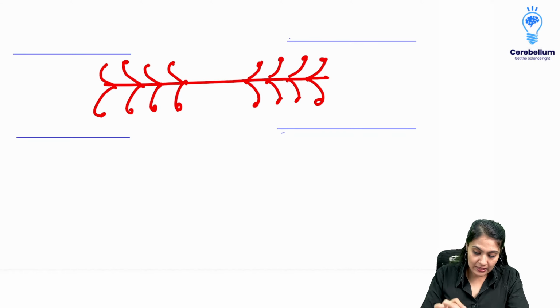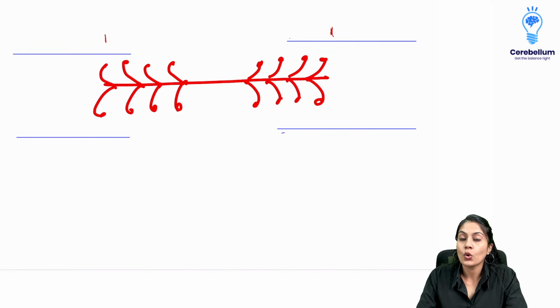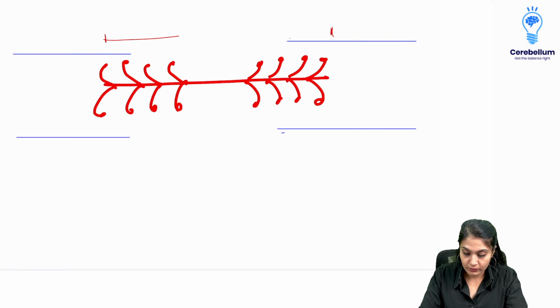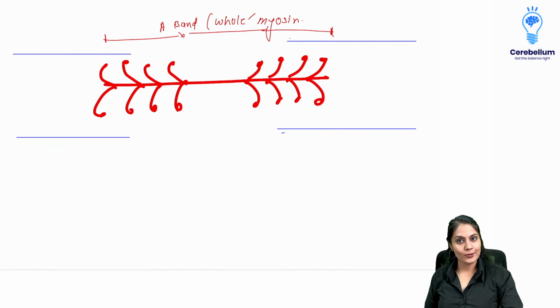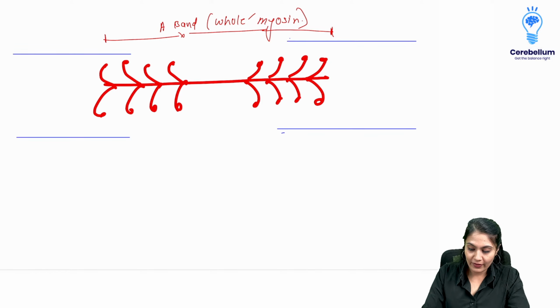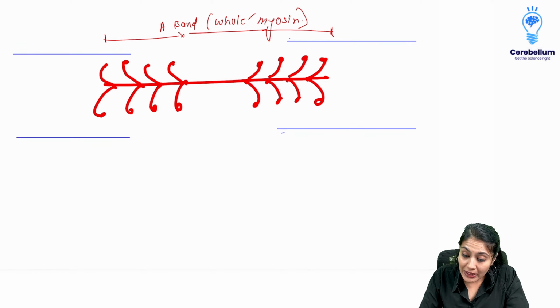Now, in this thin filament, let's see how we can discriminate it. The whole of the myosin will be called the A band. Now, if I just talk about the actin, I'm not going to take the part of the actin which is overlapped by the myosin.